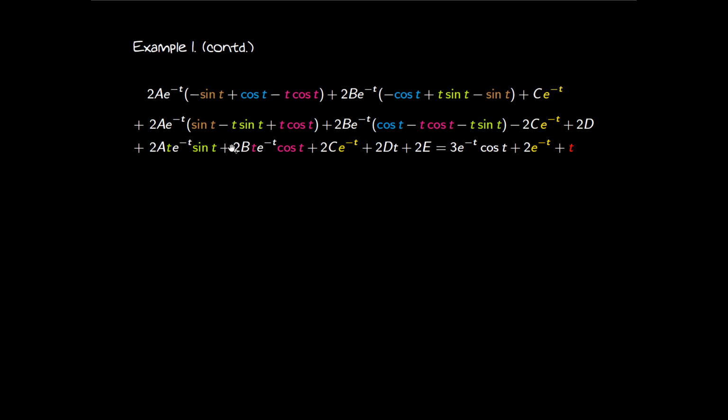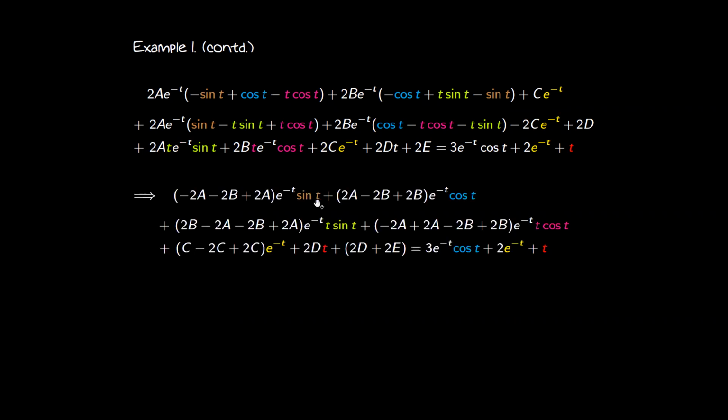For example, for the e to the negative t sine t, we have 3 terms. So we combine them here. And for e to the negative t cosine t, we also have 3 of them. So we combine them. So just do the same thing, okay, for the rest parts. And we can get the simplified form like this.